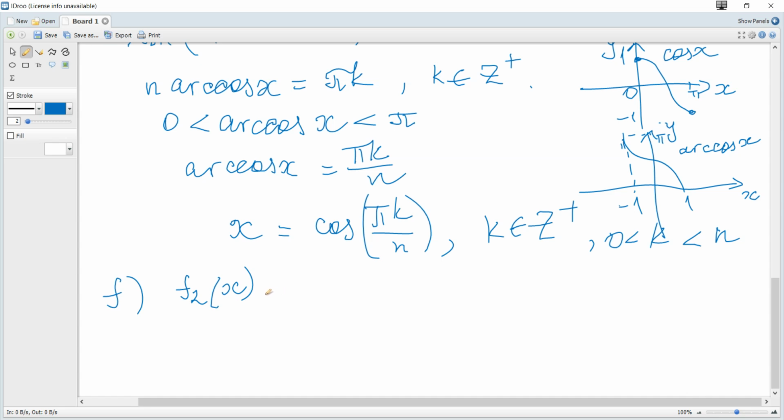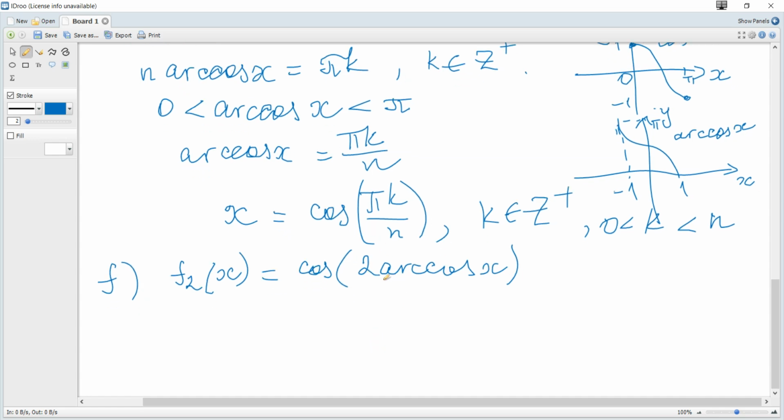What is f_2 of x? It's cosine of 2 arc cos of x. And to get rid of cosine and arc cosine, it must be cosine of arc cosine, because cos is the inverse function and they cancel each other and we get just x.